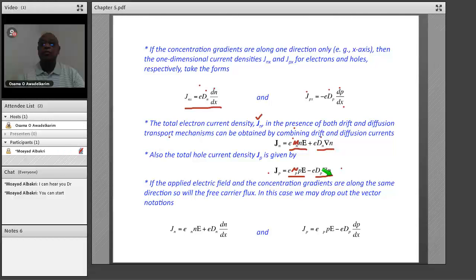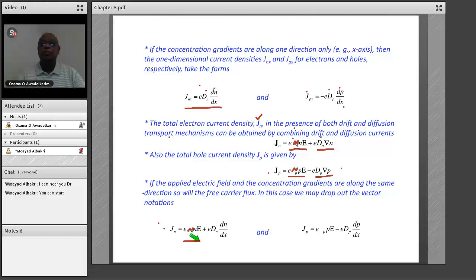Okay? Now, to make it easier, if we think of a one-dimensional semiconductor only along the x-axis, things are easy in that case. Consider motion of electrons in an N-type semiconductor along the x-axis only. So here we have the drift part, which is this first part.